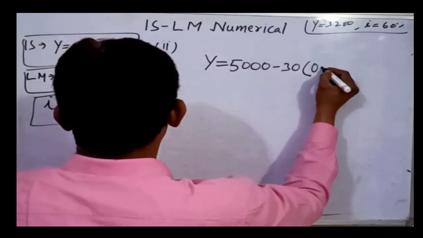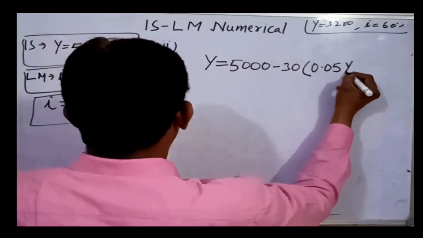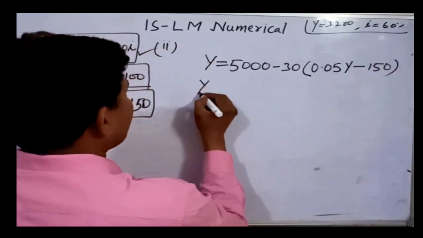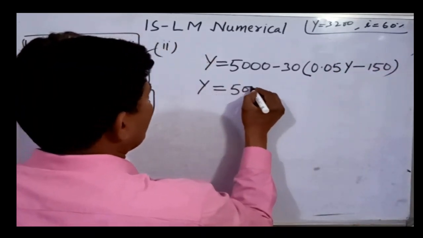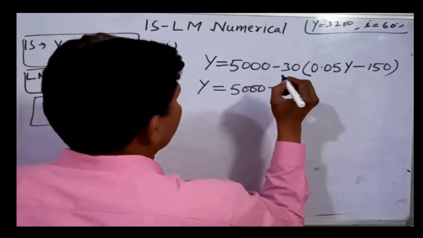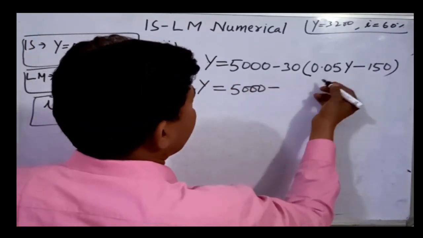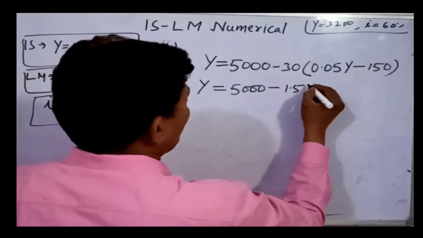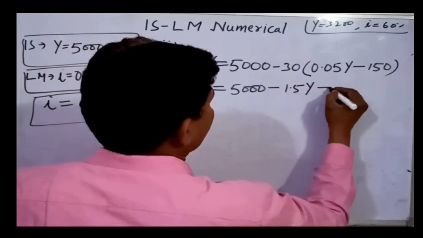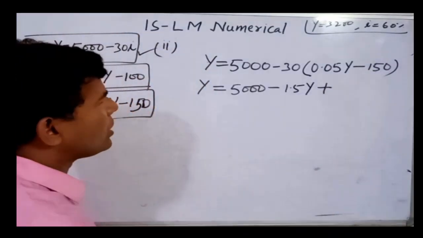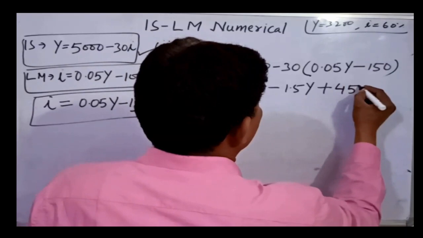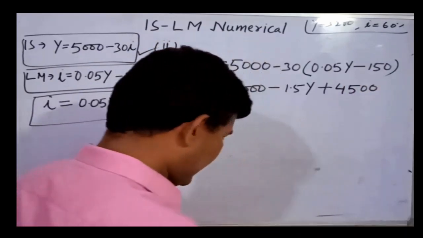So 0.05y minus 150. So what do I get? I get y is equal to 5000 minus 30 multiplied by 0.05, which gives me 1.5y, and plus how much do I get? I get 4500, right?